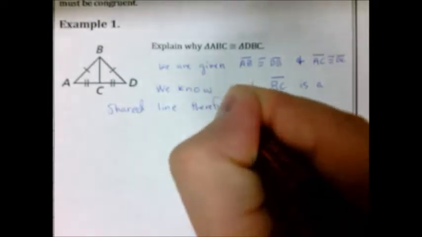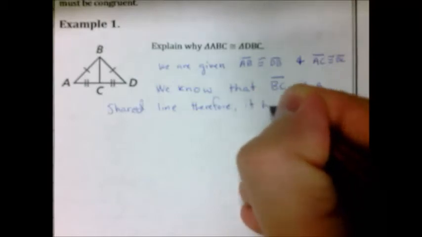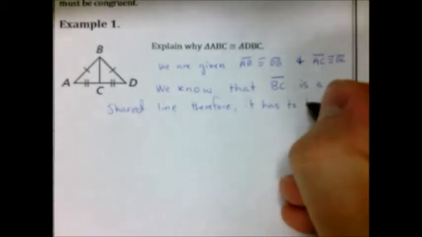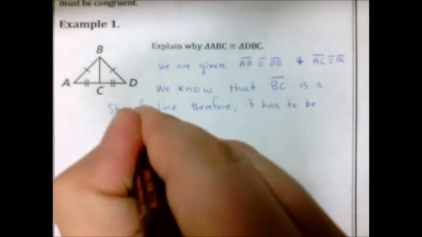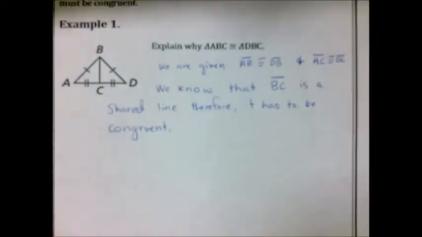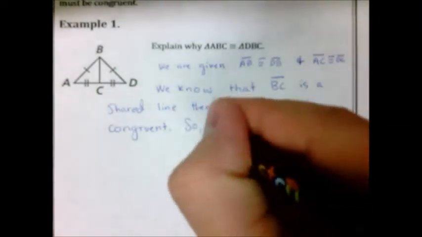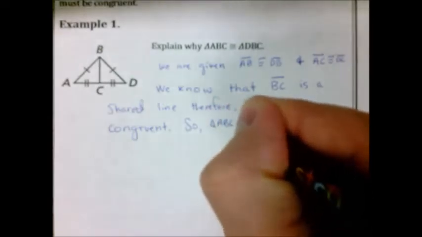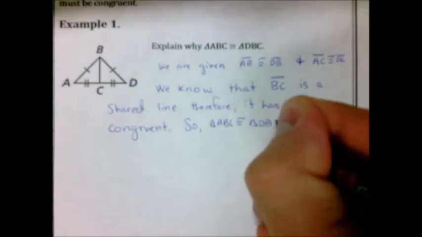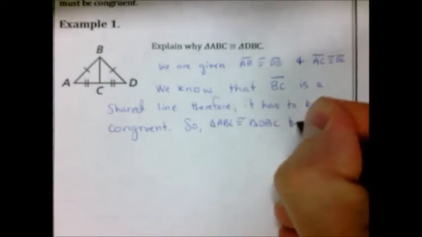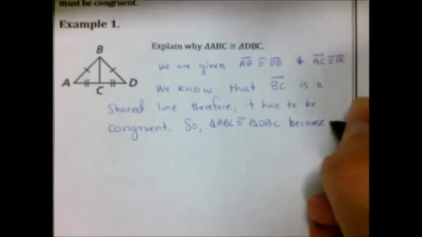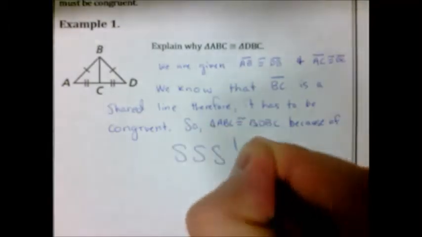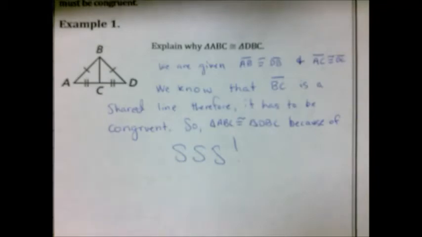Therefore, it has to be congruent. Okay, so the last little part here is we can then say that triangle ABC is congruent to triangle DBC because of SSS congruency. All right, so we explained what we were given, and then we wrote down something that would help us clarify everything else that we didn't know.